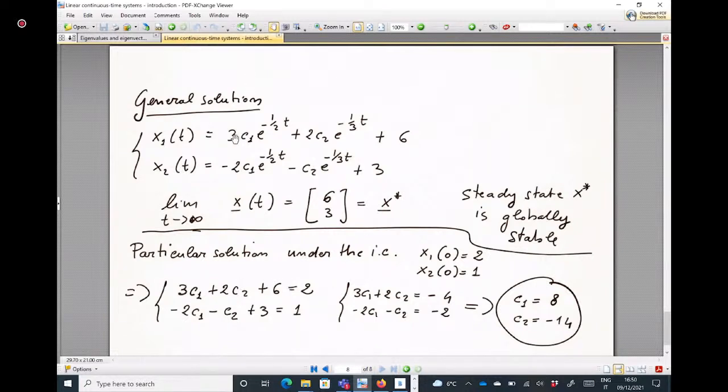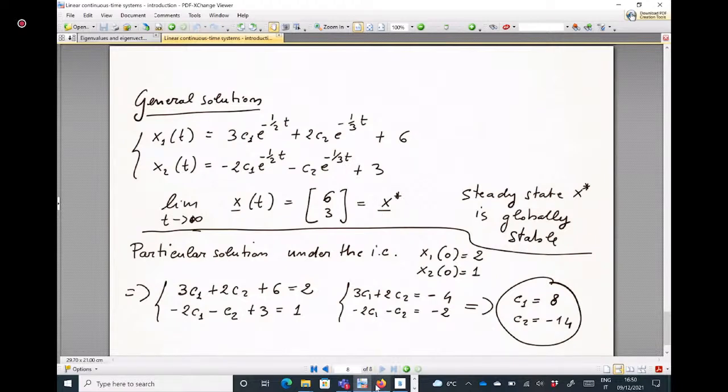Okay, so this becomes 24 C1 minus 28 C2, respectively multiplied by these exponential factors, plus 6 is equal to x1, okay? x2 is minus 2C1, so minus 16, exponential minus 1/2 t, plus 14, exponential minus 1/30, plus 3.